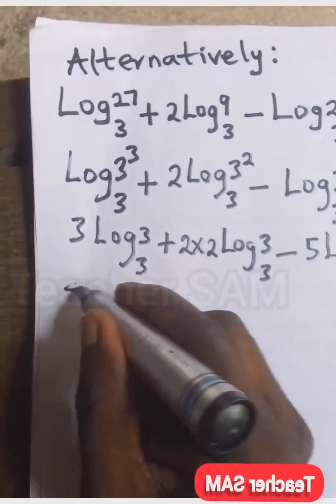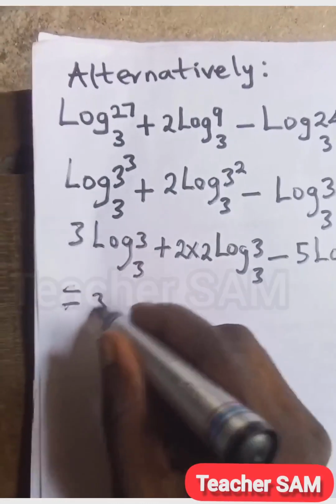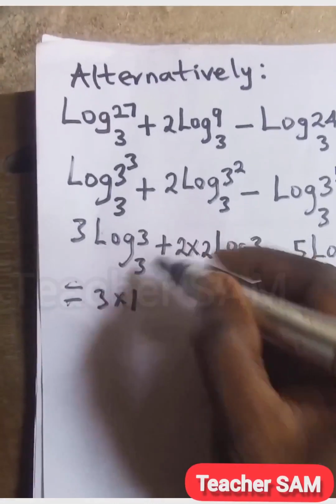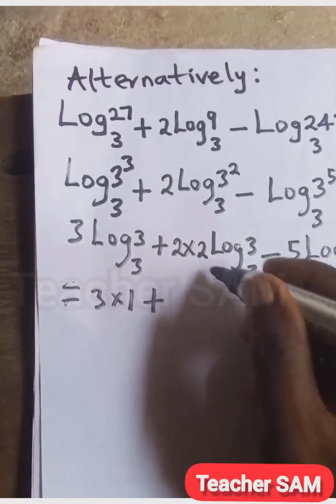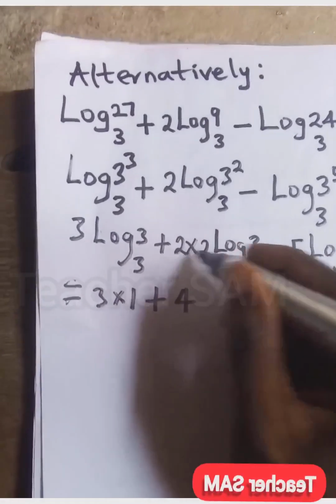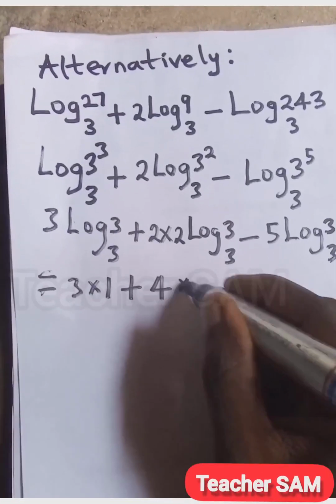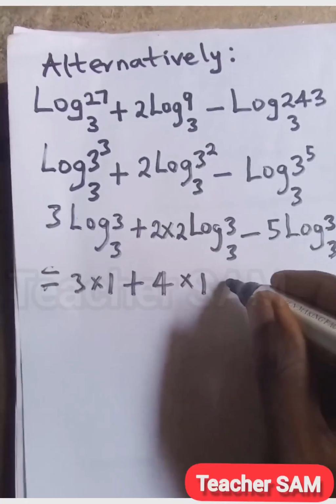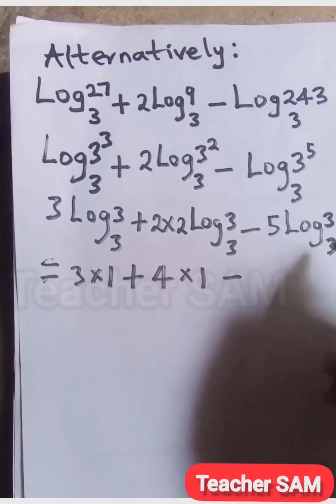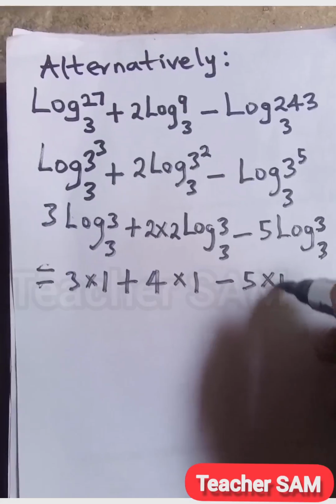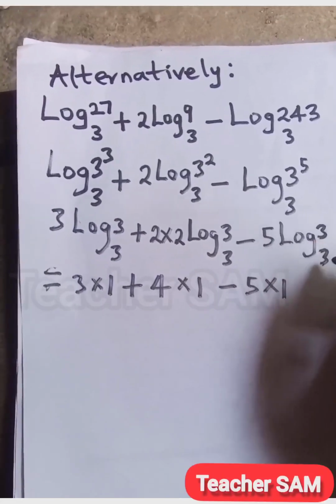If you do that, at the end of the day we have 3 times 1, plus 4, because 2 times 2 is 4, times 1, minus 5 times 1, because the log is the same and the base is the same.